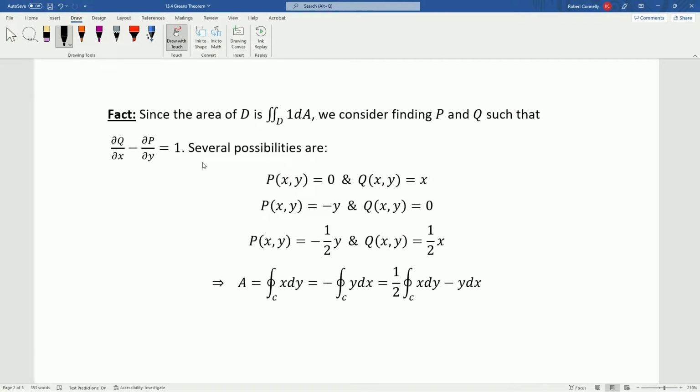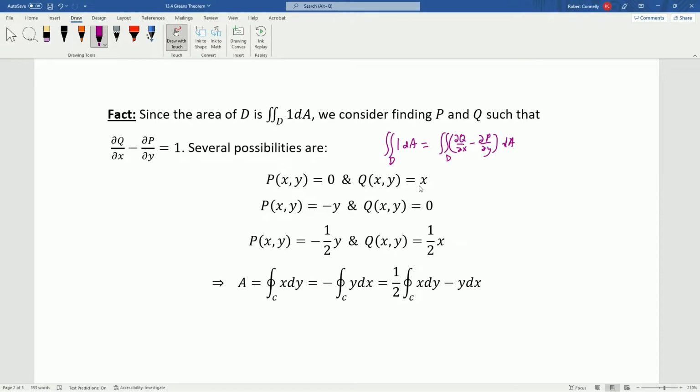In other words, we're trying to set up the integral of 1 dA equals the double integral of dQ/dx minus dP/dy. So the question is, what do P and Q have to be? Well, there could be infinitely many options, but we can just consider a few simple cases.